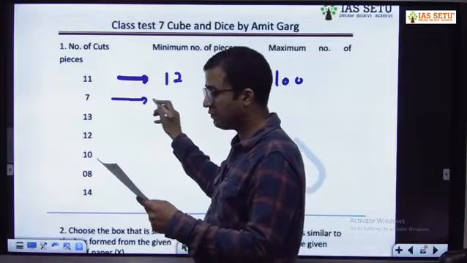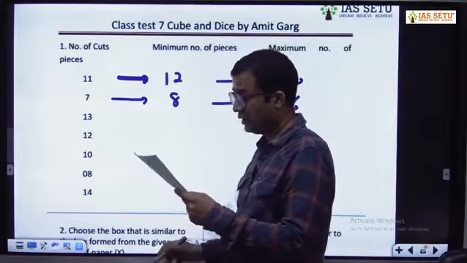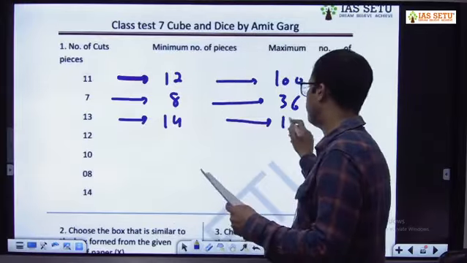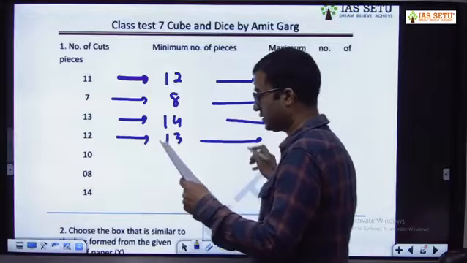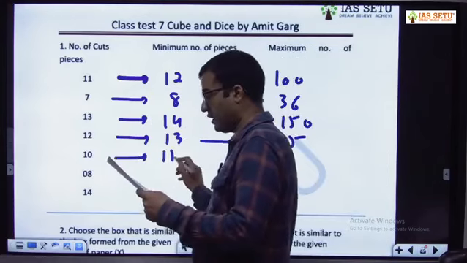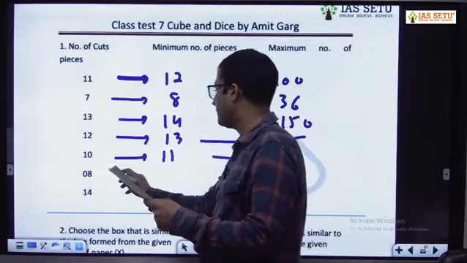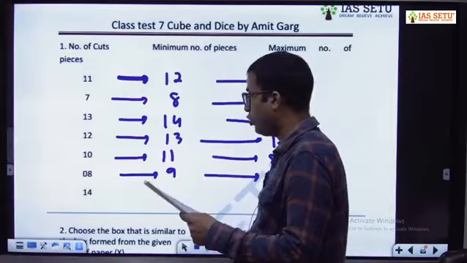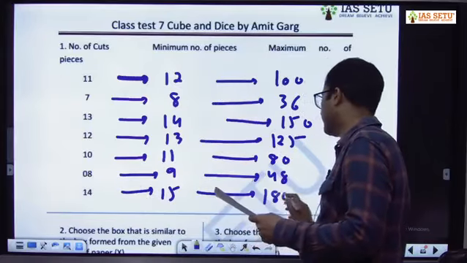With 7 cuts, minimum pieces 8, maximum 30. 13 cuts, minimum pieces 14, maximum 150. 12 cuts, minimum pieces 13, maximum 125. 10 cuts, minimum pieces 11, maximum 80. 8 cuts, minimum pieces 9, maximum 48. 14 cuts, minimum pieces 15, maximum 180.